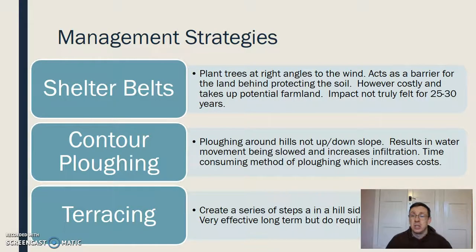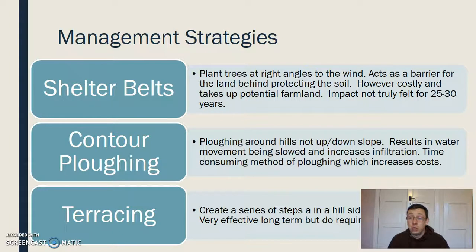Shelter belts is literally where you plant trees at right angles to the direction the prevailing wind comes in at, and it stops the soil being blown away. It's very, very effective. It's a very good solution. The problem with it is that, one, it's really expensive. Planting trees is not a cheap process, and the impact you don't feel until those trees are well established and fully grown in, which can be 25, 30 plus years down the line.